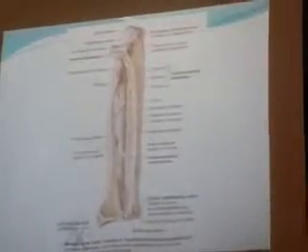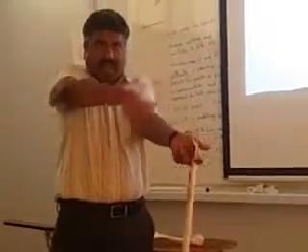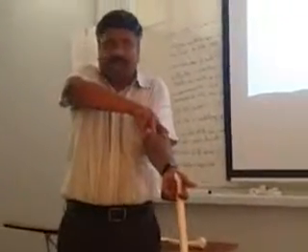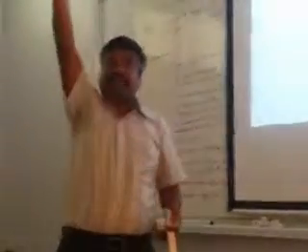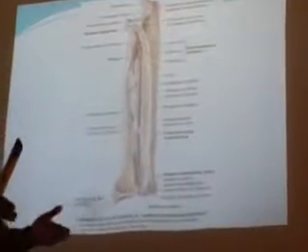Because of that direction, the length is more, which will allow the rotation of the radius over the ulna. If the fibers were transverse, rotation would not have been possible. Even when you are holding a weight, this gets twisted following the movement. If the fibers are horizontal, both bones cannot move.